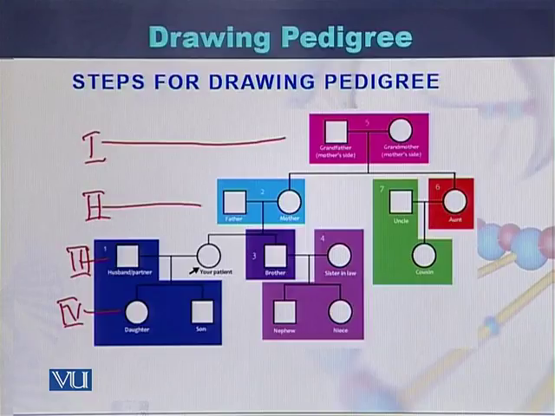When an individual is affected, let's say if the female is affected, then the symbol is shaded, and if a male is affected, then the square relevant to that individual is shaded. So this female is affected, and this male is affected in the pedigree.